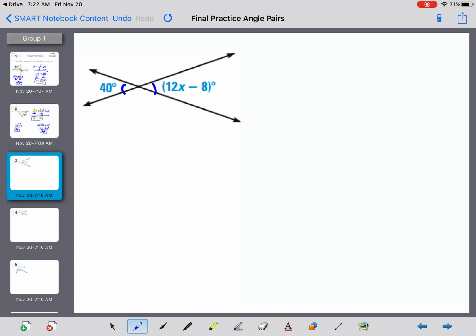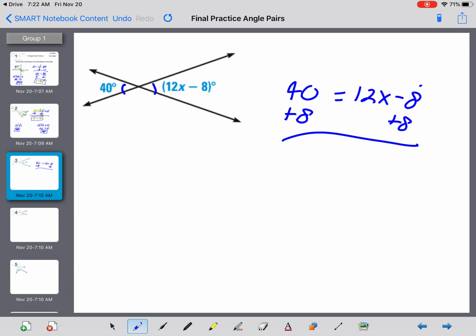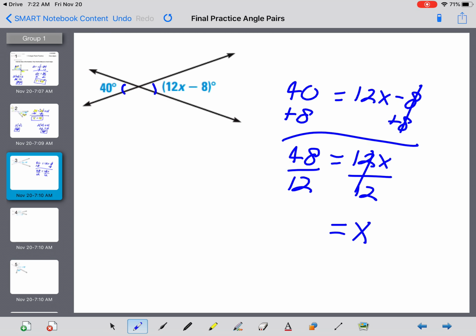Again, we have more vertical angles here, creating that bow tie, okay? So 40 is equal to 12x minus 8. I'm going to add 8 to both sides. And 40 plus 8 is 48, which equals 12x. I'm going to divide by 12 on both sides. 12's cancel.